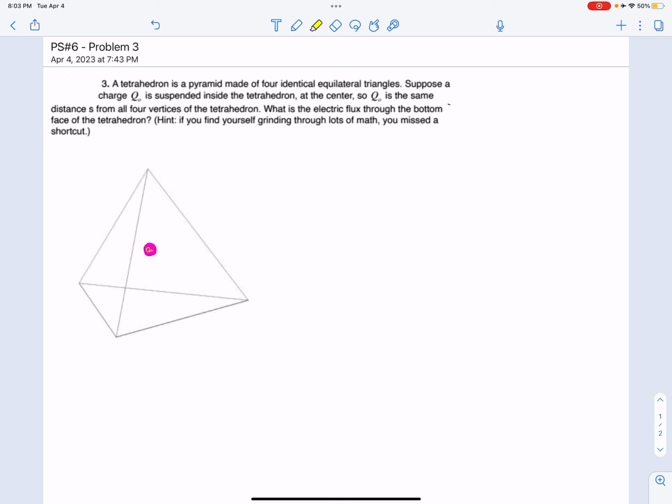Okay, so we're going to use our electric flux formula. The electric flux through any Gaussian surface is equal to the surface integral of the electric field times dA, which is also equal to Q enclosed, the charge enclosed, over the constant epsilon naught.